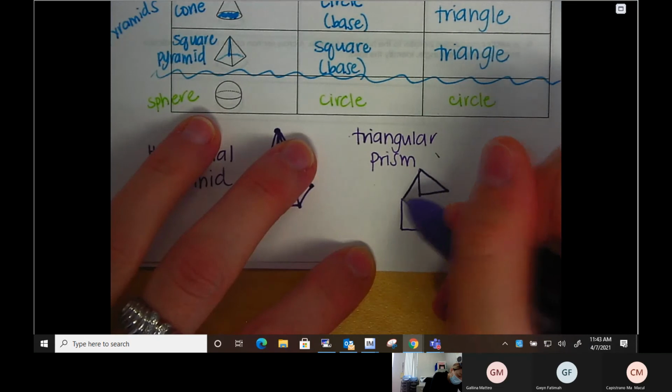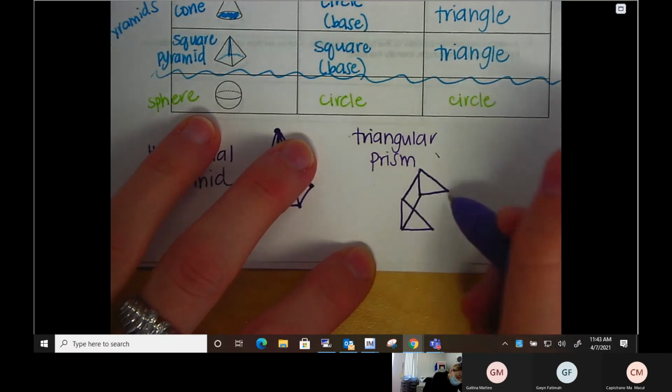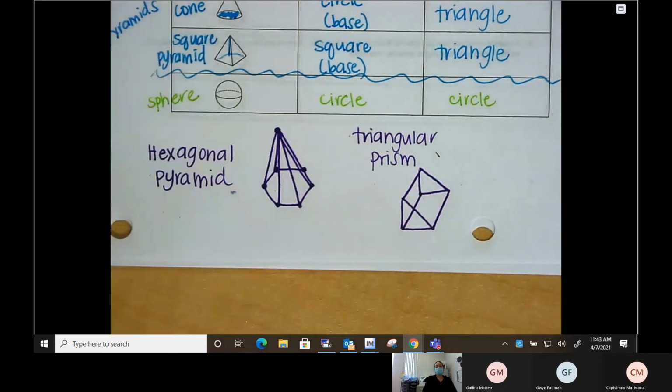So the top points match, bottom points match, the right points match. And you've just made a triangular prism. Instead of ours looking like it's up and down, it just looks like it might be a little slanted. That's fine. So the trick when you're drawing is to always do everything a little bit diagonal, because then it makes your lines just a little bit easier to draw and connect.